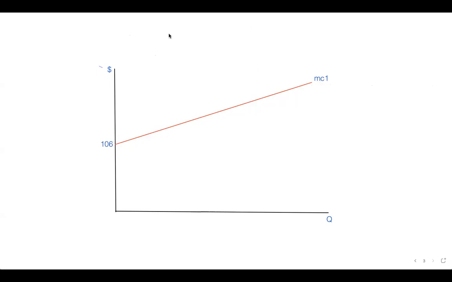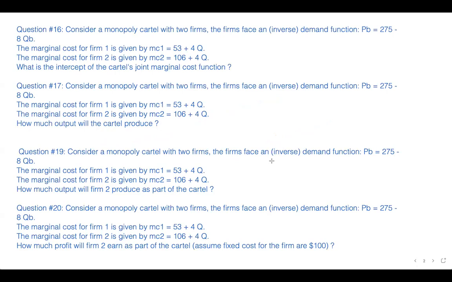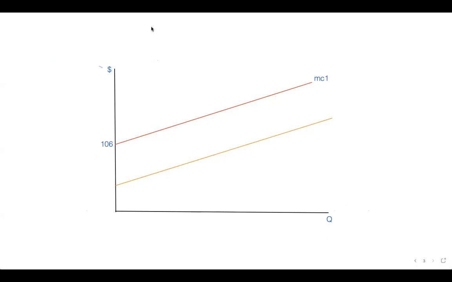I'm just graphing. Yeah, I think I wrote down the problem wrong. I have 53 for MC1. Oh, actually, hold on, wait a minute. I may have it labeled wrong. So MC1 is 53 and MC2 is 106. So let me correct that. I was about to be really confused.